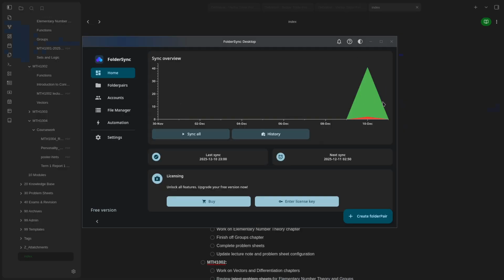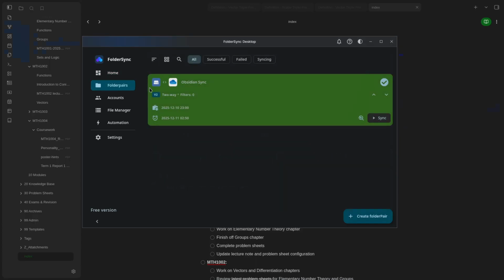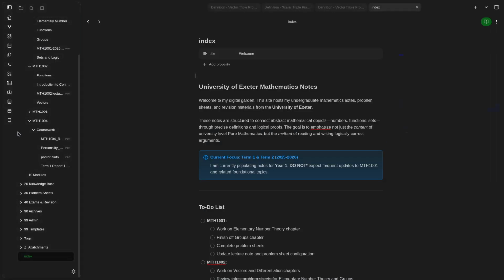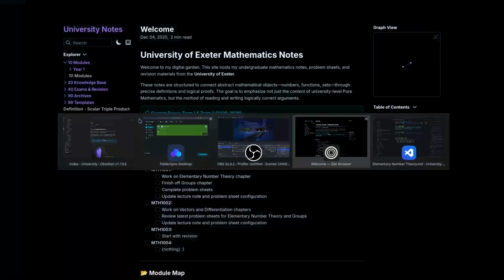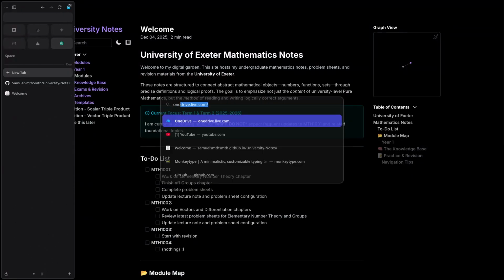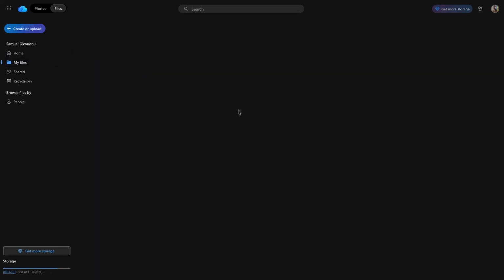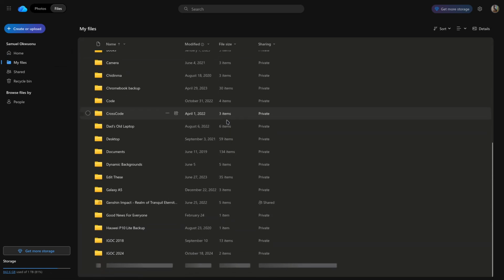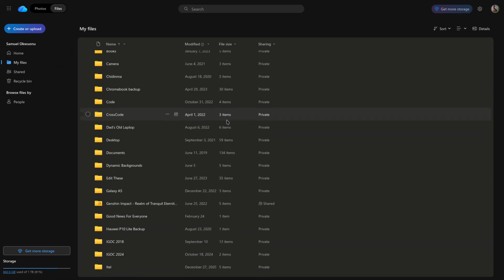The point is that I'm using Folder Sync to sync to OneDrive. I literally started today, but that way every time I have a note, I don't have to go crazy trying to get onto my phone or tablet using something like Syncthing.